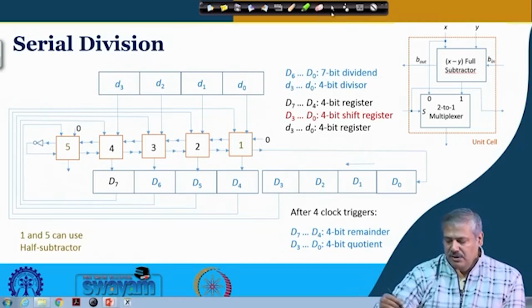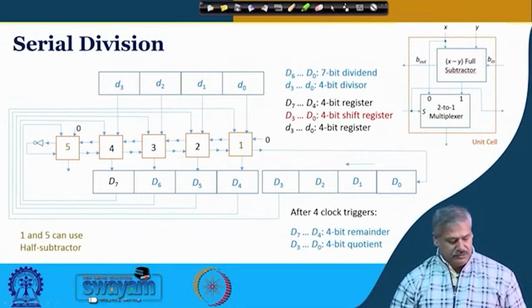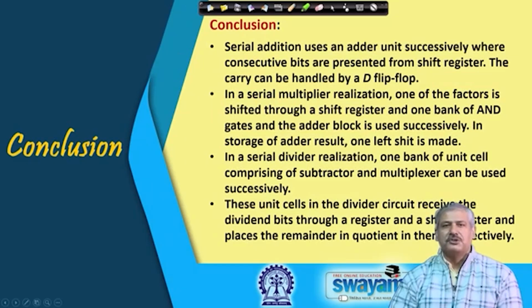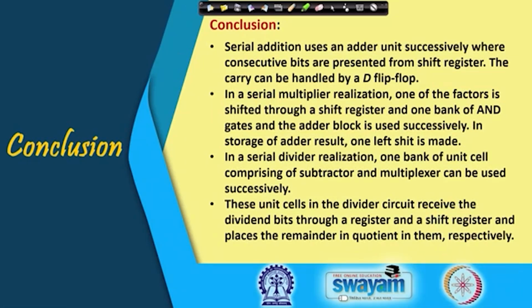Okay. So, with this we come to the conclusion of this particular class. So, what you have seen, serial addition uses an adder circuit, adder unit successively, where consecutive bits are presented from shift register, and the carry part of it can be handled by a D flip flop.